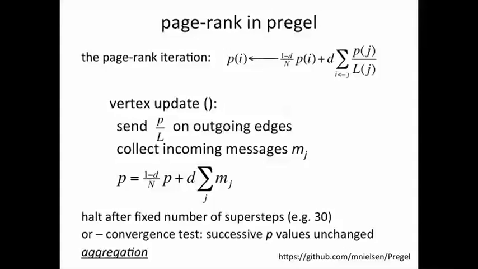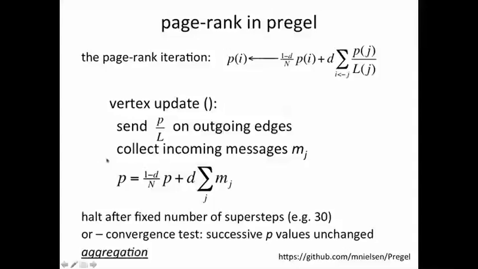Now let's see how you would do this in Pregel. If I'm a vertex, I have some estimate of my page rank, initially some random value. I send my value divided by L, the number of outgoing edges that I have, to everybody that I can see on an outgoing edge, and then I look for incoming messages from other vertices, and then conduct this iteration.